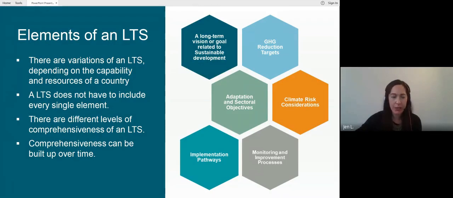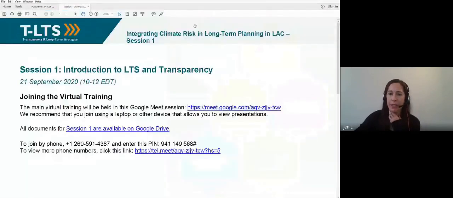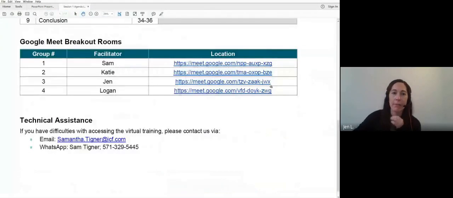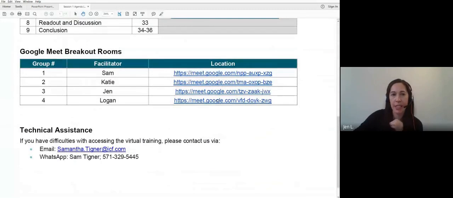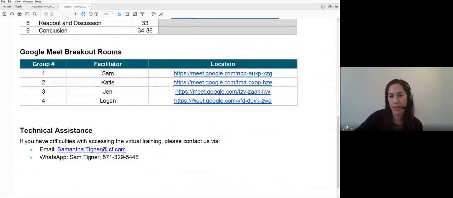So I see a few folks have signed in. So if you can take a look, remember your number. And then what I'm going to do is put our breakout rooms right into the chat box. So before you go into your breakout rooms, please mute your microphone that's in this tab, but don't close this tab when you go into your breakout rooms.